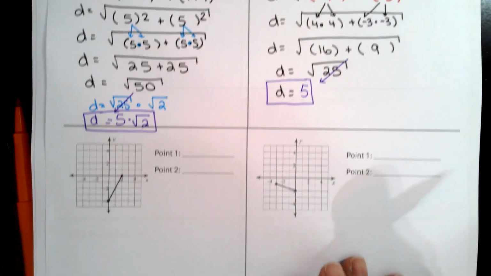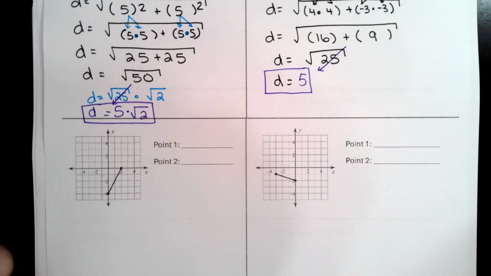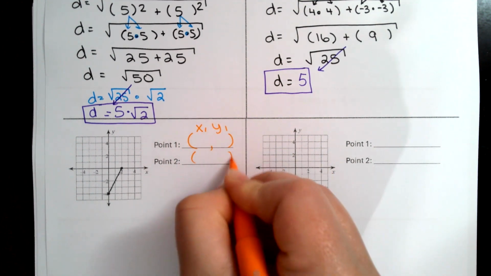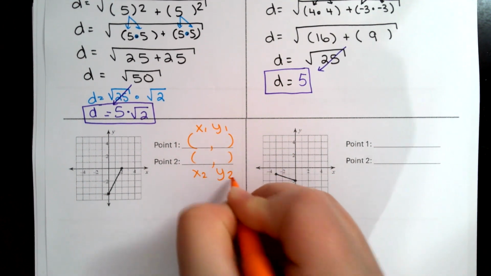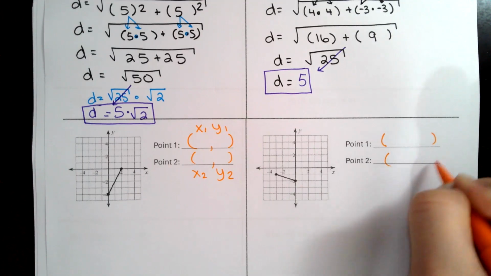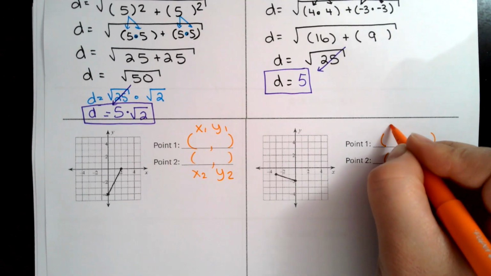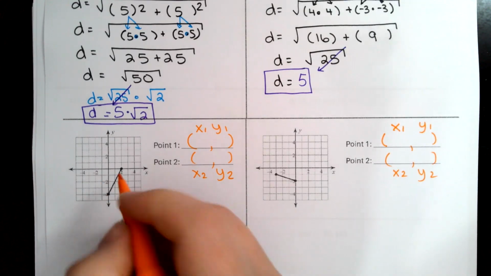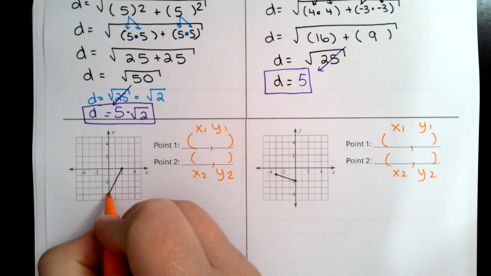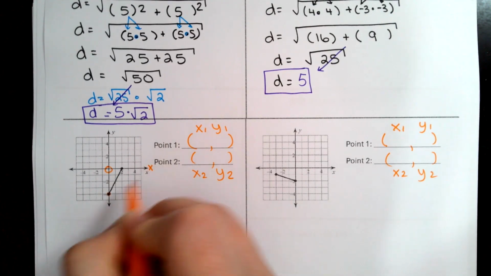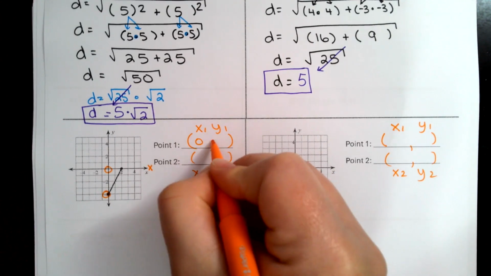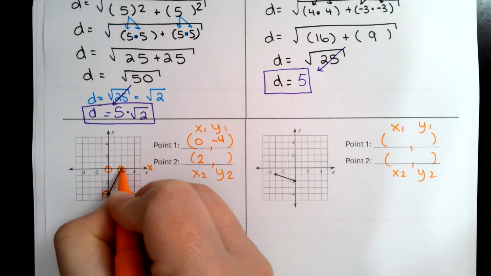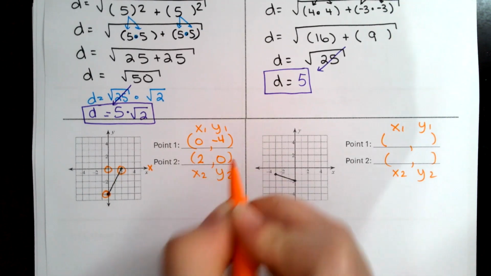Okay, let's move on. Again, same label, x1, y1, x2, y2. Kind of doing it both now. Okay, let's start here on the left. Our first point is at 0 on the x and negative 4 on the y. Here we have 2 on the x and 0 on the y.